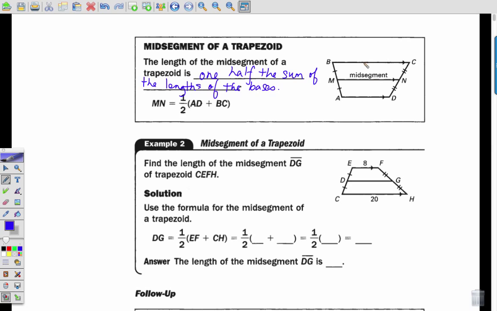In other words, if I add AD and BC together, and then I multiply by 1/2, I would find the length of MN.